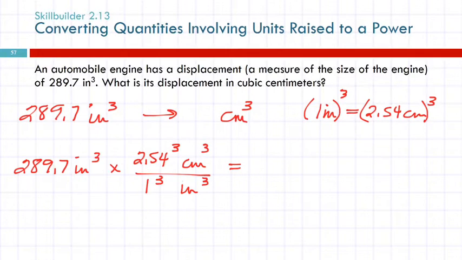We have 2.54, and then I've got a button that'll raise this to a power of 3, and then I press equals, and I get 4747 point a whole bunch of stuff. So the cubic inches canceled, and this would be cubic centimeters.